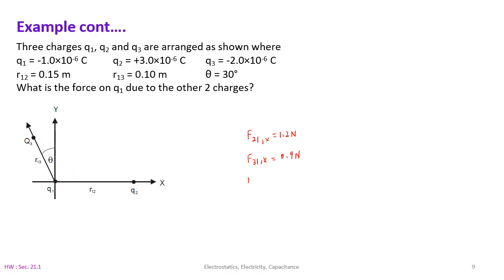And the force due to charge 3 on charge 1 in the Y direction is going to be minus 1.6 newtons. So you add these up and we find that the net force is going to have a magnitude of 2.1 newtons in the X direction.